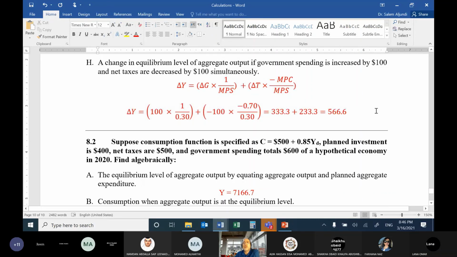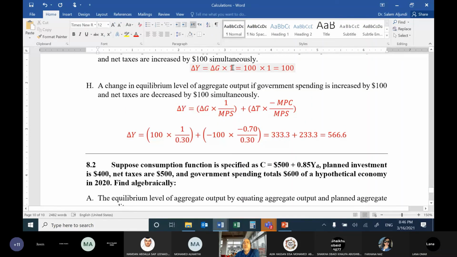Why I cannot use balance budget multiplier, which is equal 1? Because the change in government spending is not similar to change in taxes. Here increase and there is a decrease. So I cannot use balance budget multiplier.